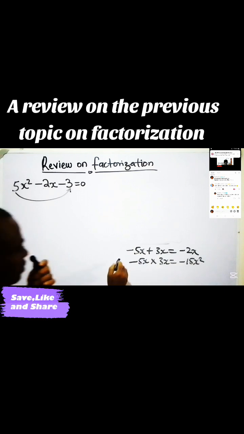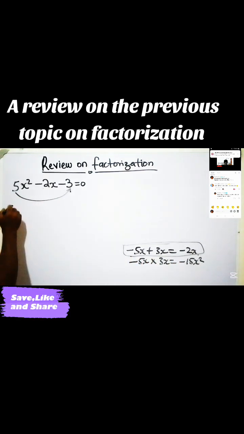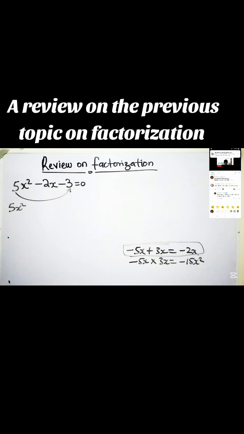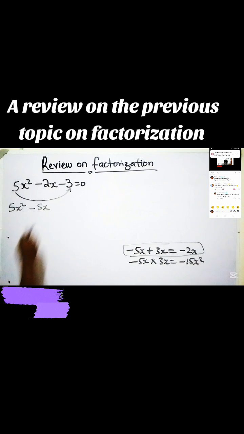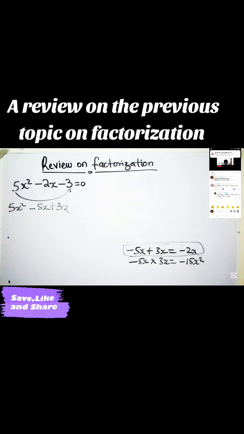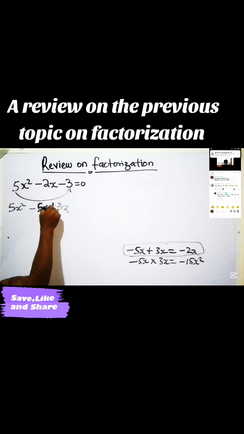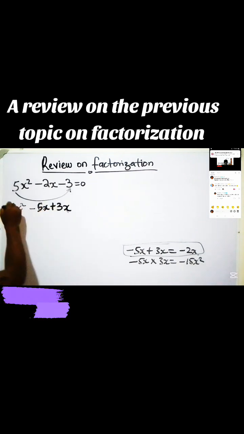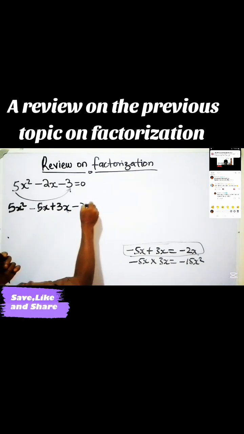So we are going to use these numbers. Now we have 5x squared minus 5x plus 3x minus 3 is equals to 0.